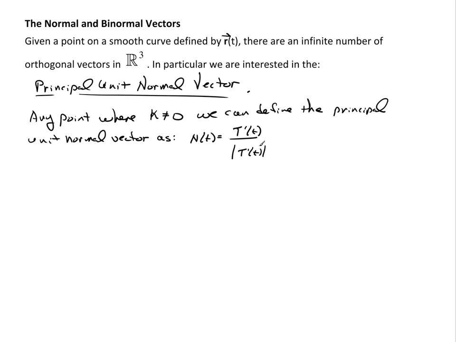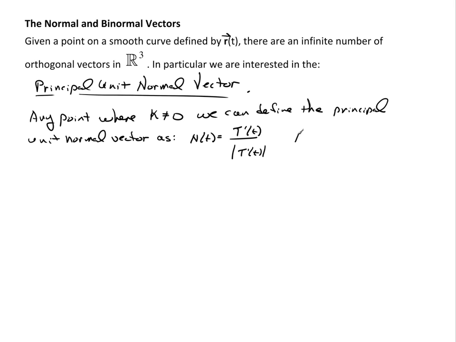Now let's think about this for a second. This is T prime of t. This is the first derivative of the unit tangent vector at some specific point divided by the magnitude of that derivative. So we end up with a vector. As a matter of fact, it's a unit vector.